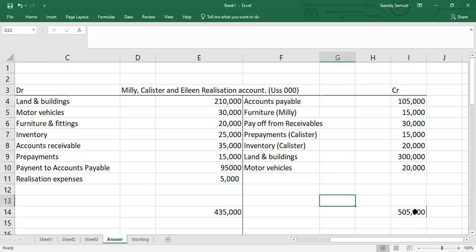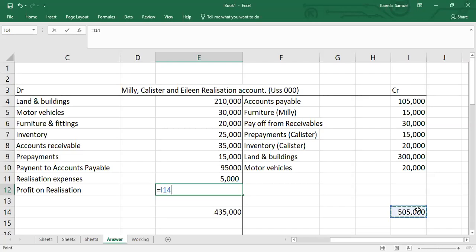So in this case, as we have 505 here and 435 here, it means that we actually have a profit on realization, which is the difference between these two values. This minus this is about 70,000.